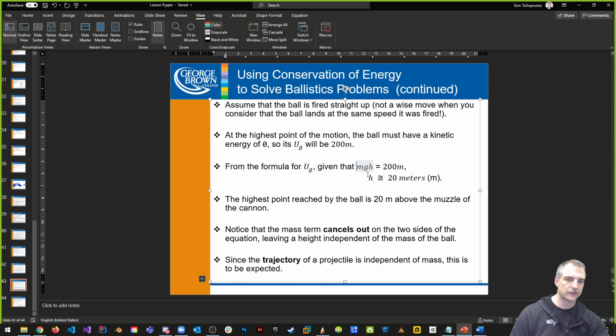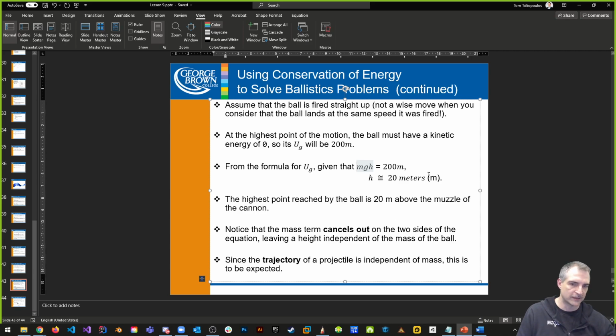All right, so that's what the approximate height would be at the top, where the gravitational potential energy would be the most, and where kinetic energy would be 0. And again, like I said, notice that the mass term cancels out on the two sides of the equation.